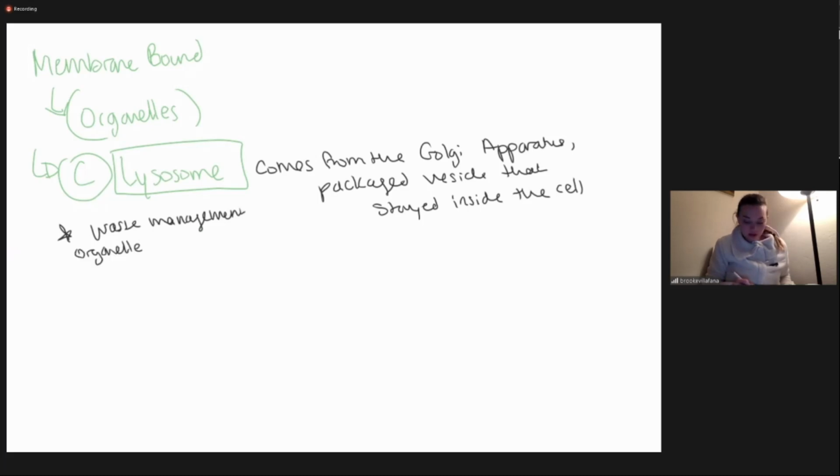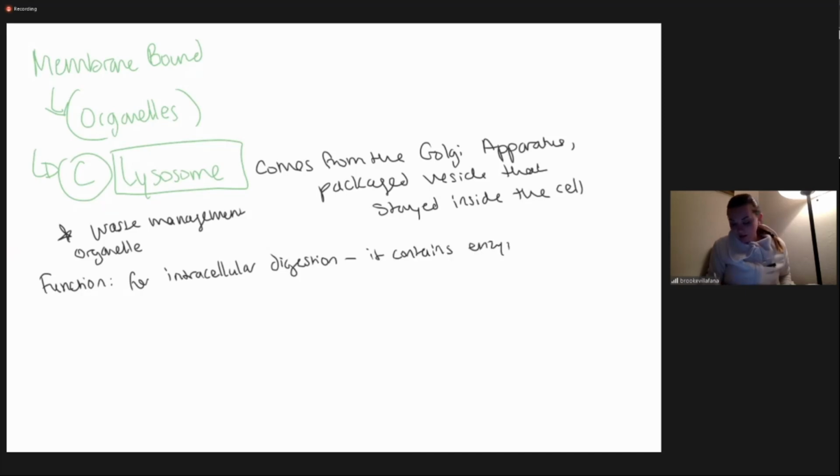It functions for intracellular digestion, okay? It contains enzymes that break down products in the cell. So basically, like, let's say you went through a metabolic process and created waste.